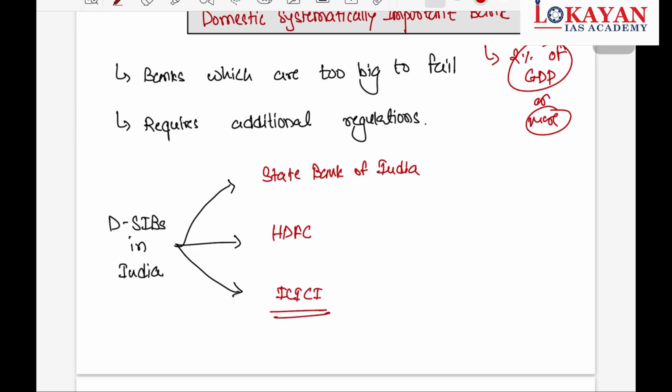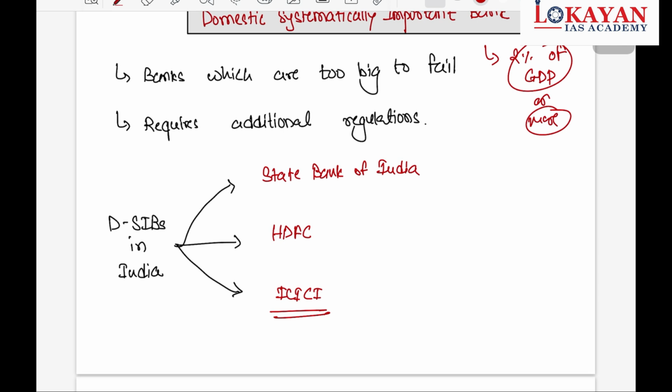Because in the exam you may be given a statement that there is not a single public sector bank which is DSIB, or a statement that there is not a single private bank which is a DSIB. So remember, there are both private and public sector banks as DSIBs. This is the important point.